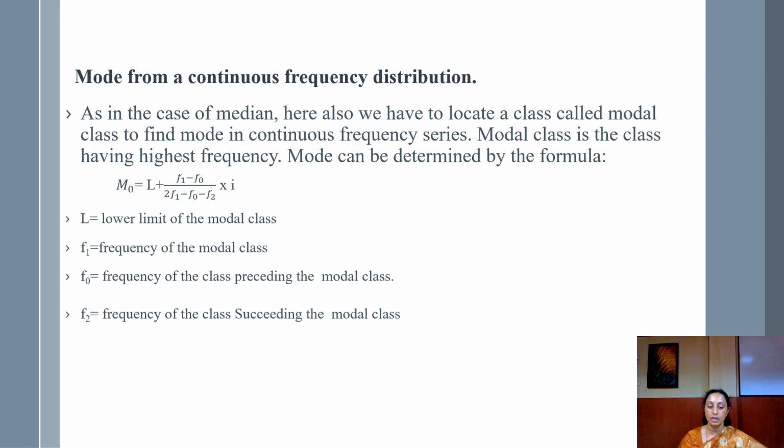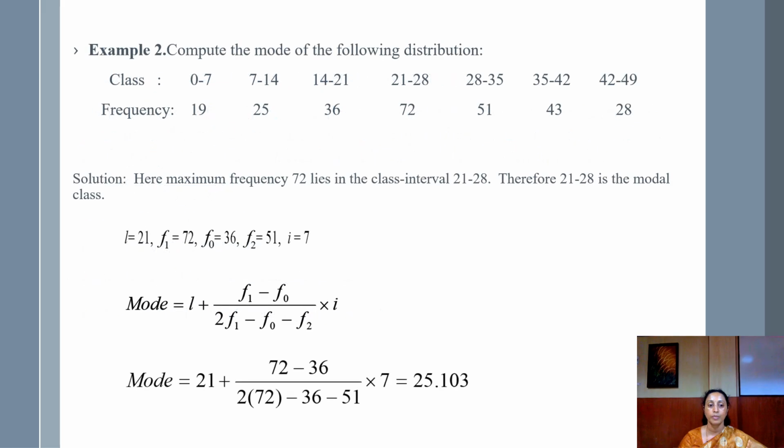Now let us see how to find the mode for a continuous frequency distribution. These are the steps to find the mode for a continuous frequency distribution. I will explain this with the help of an example. Here we have continuous data.